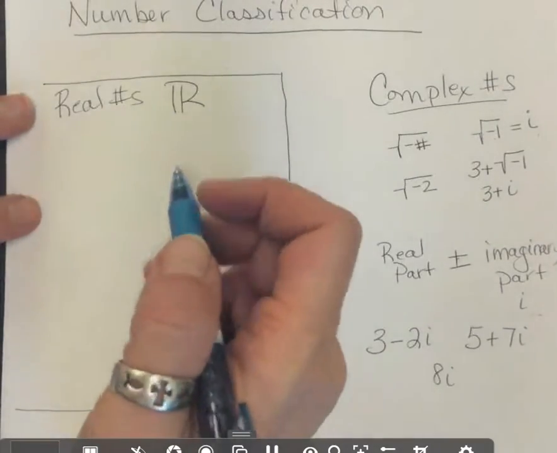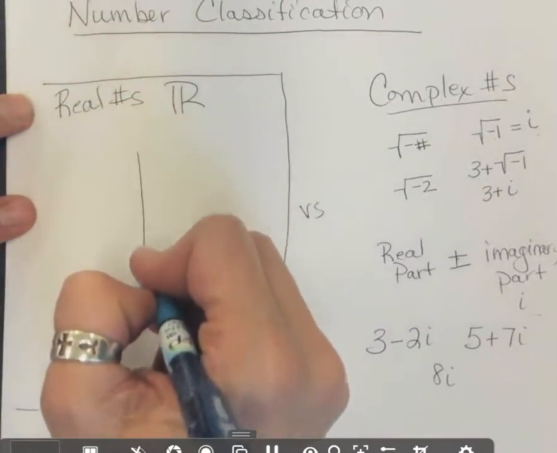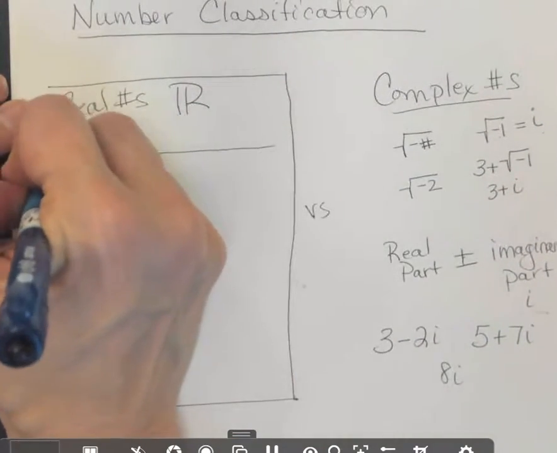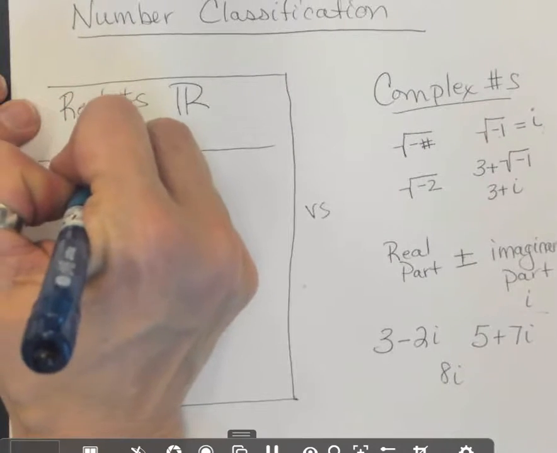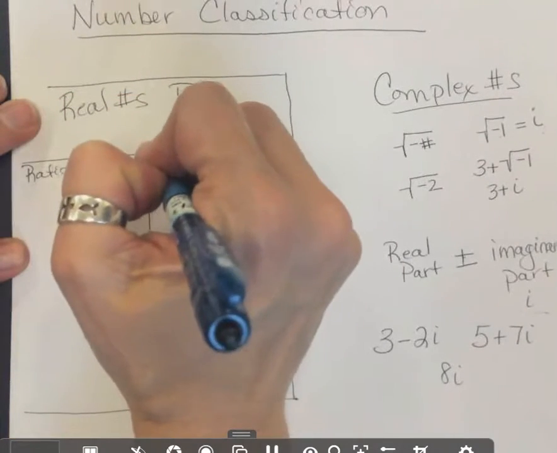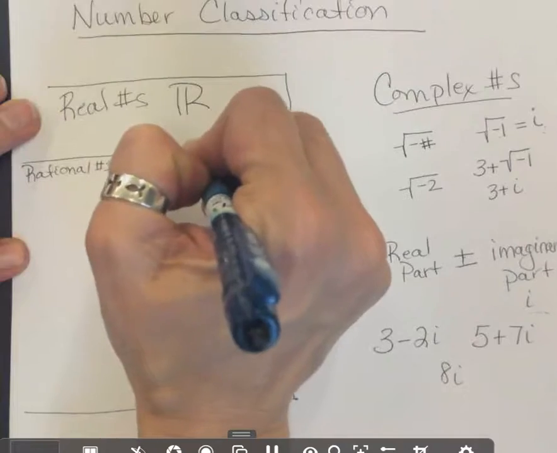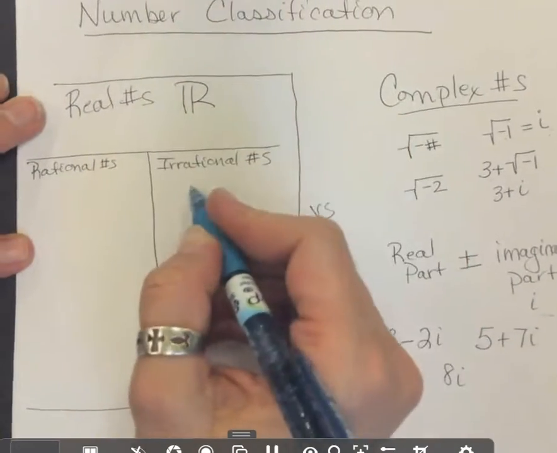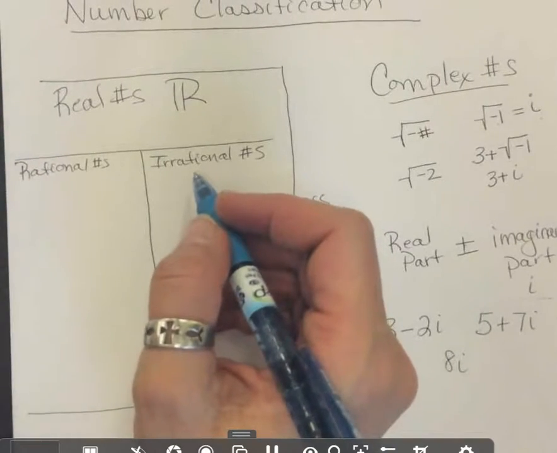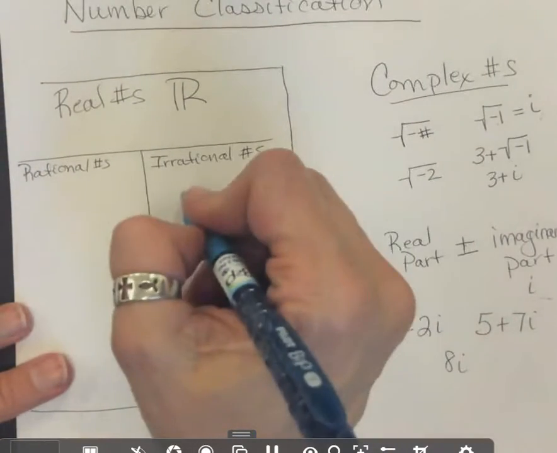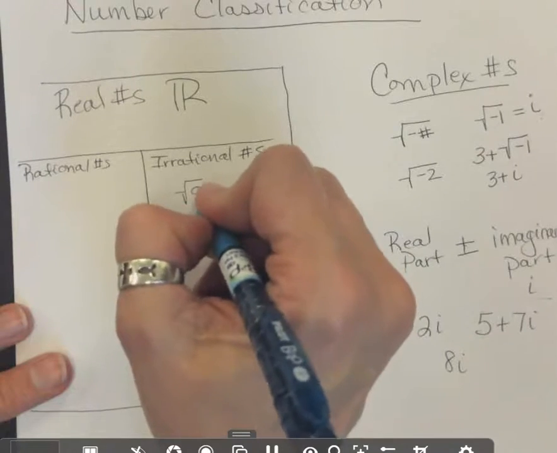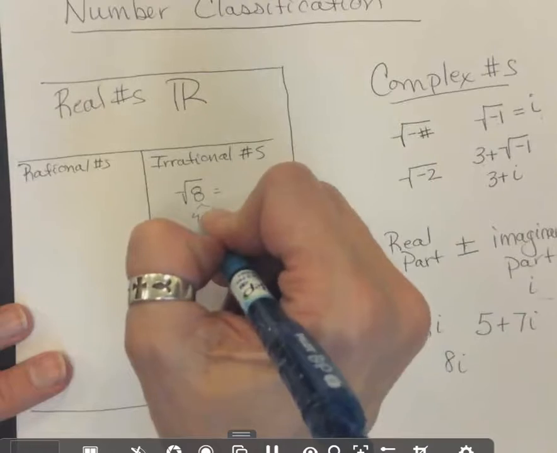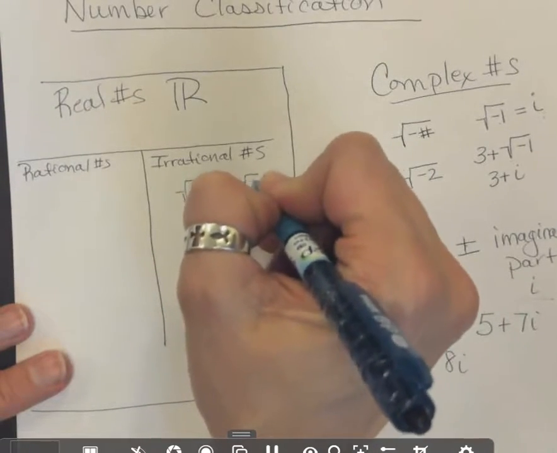Real numbers, we have two different types. We have rational, or we have irrational. Now, an irrational number is a square root that can't be worked out. So something like the square root of 8. Now, we know that that breaks down and that gives us 4 and 2, so 2 square roots of 2.